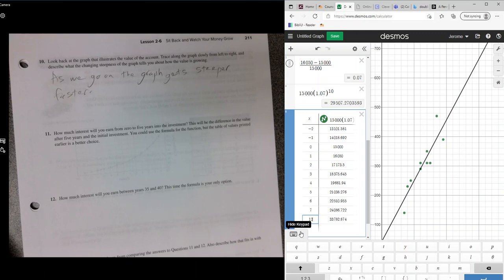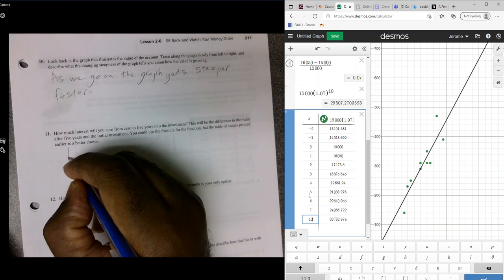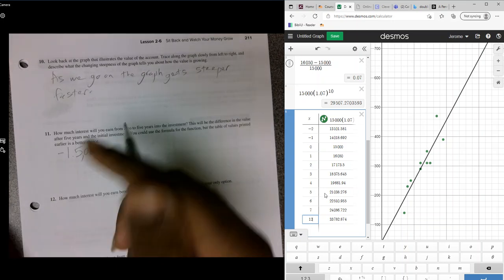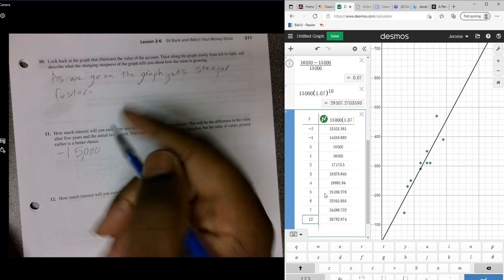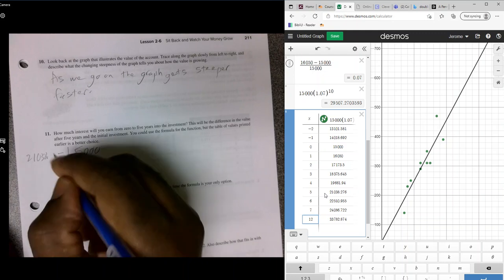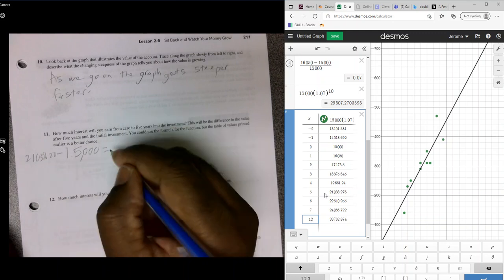Okay, so basically, we would take the 15,000 that we started with, and then we would go to the 5th year here, and that'd be $21,038.28. And then we would subtract the 15,000, and that means you would make interest of $6,038.28. I'll put the dollar signs here. Okay, that's how much interest you made here.